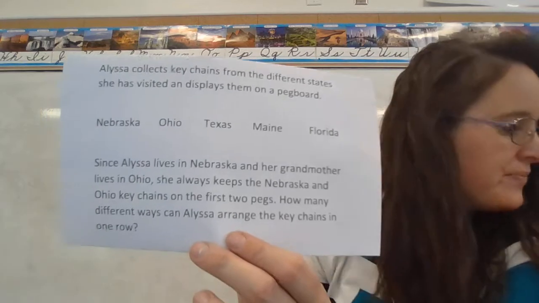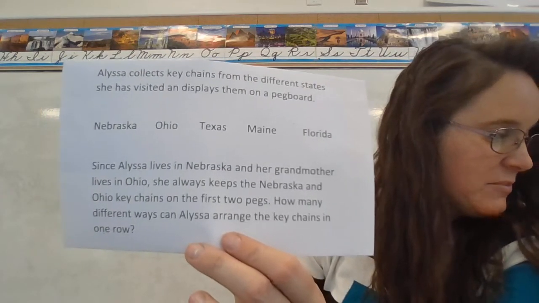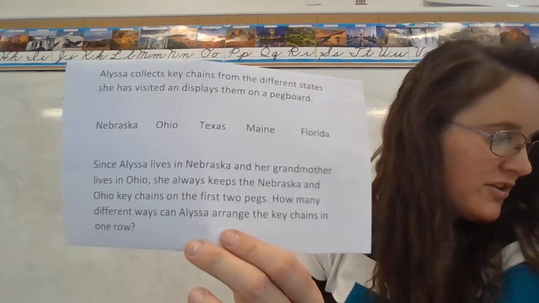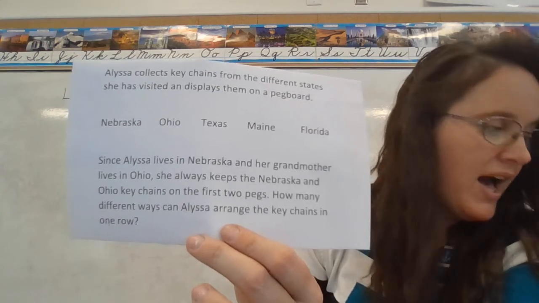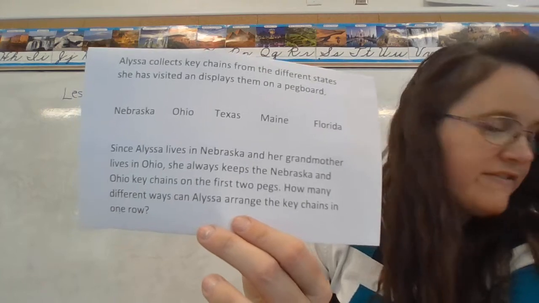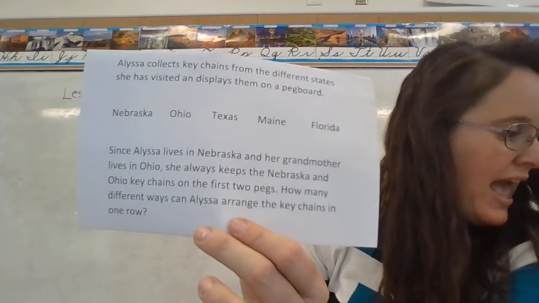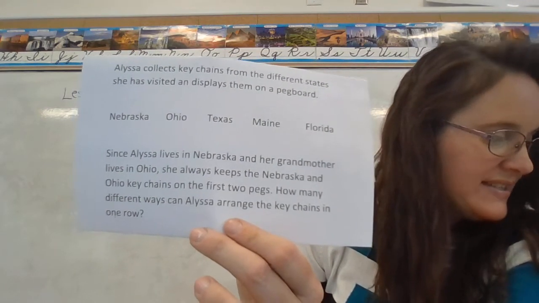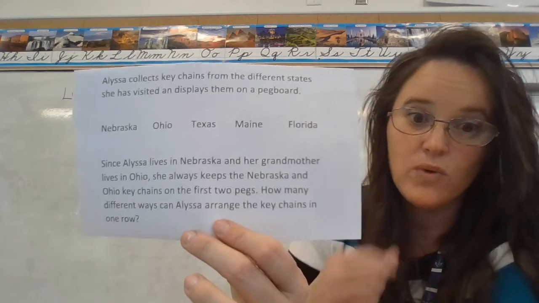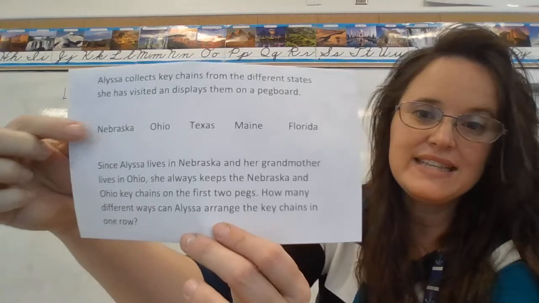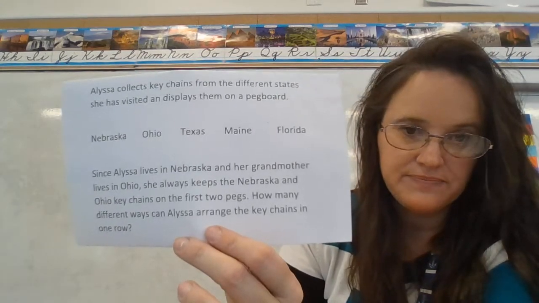So then down here. Since Alyssa lives in Nebraska and her grandmother lives in Ohio, she always keeps the Nebraska and Ohio keychains on the first 2 pegs. How many different ways can Alyssa arrange the keychains in one row? So she has these 5 keychains.